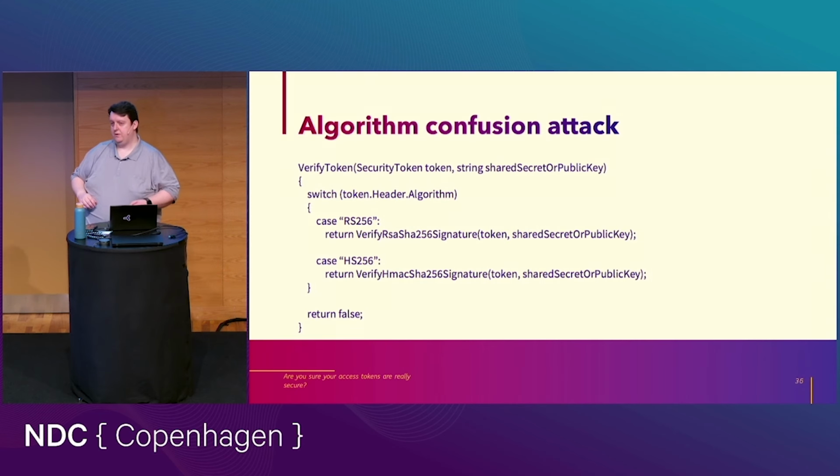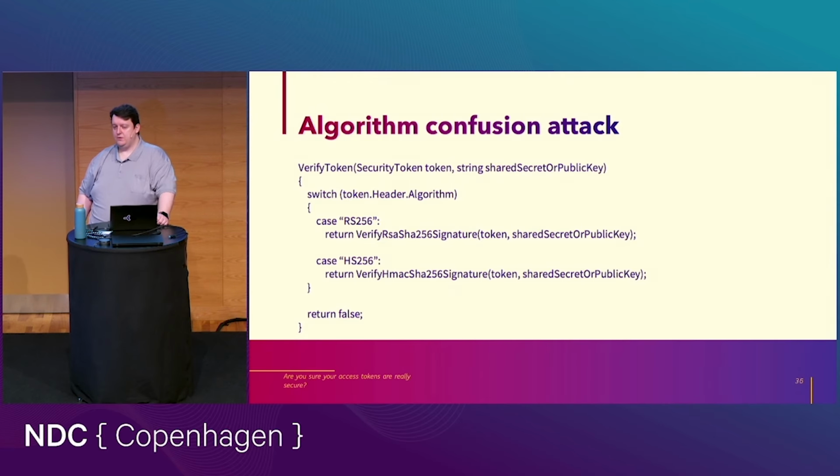And this is where things get ugly. If the logic that verifies the token has some flaws in it, you can end up in a scenario where you can mix and match the two. So you could say, I have a token signed with HS256, but I'm going to go out to your authority, because I know which authority it is, and I can find the public key that you use for RS256.